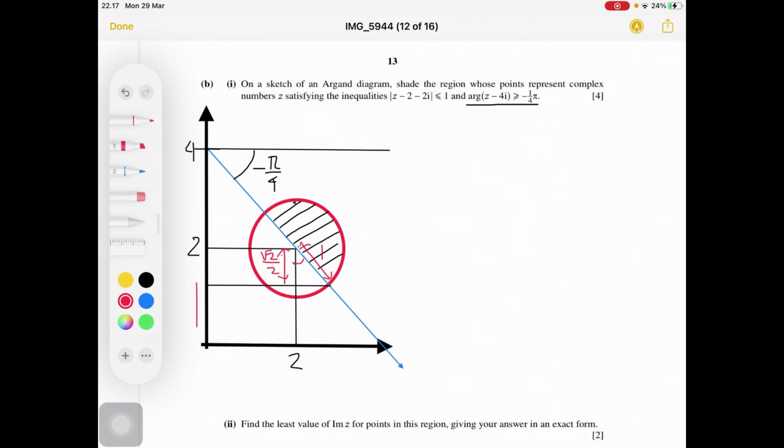So this is the least value of y, or the least value of imaginary z. The minimum value of y will be 2 minus square root of 2 over 2.